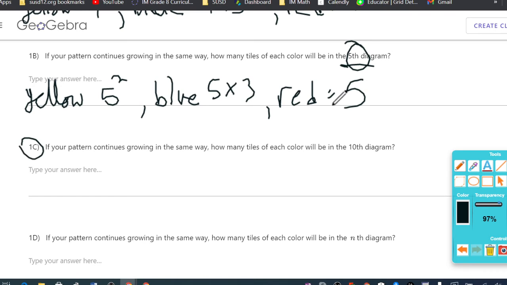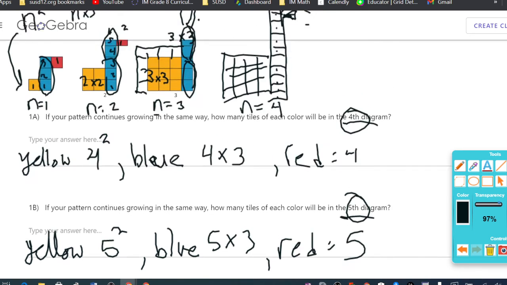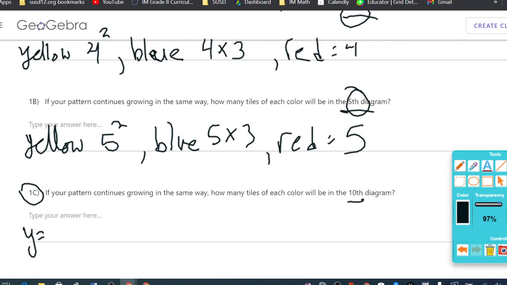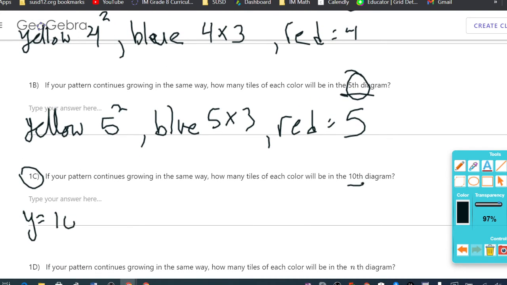Okay, next question. If your pattern continues growing in the same way, how many tiles of each color will be in the 10th diagram? Okay, so the yellow blocks is just a square. So that's going to be 10 times 10, or 10 squared.